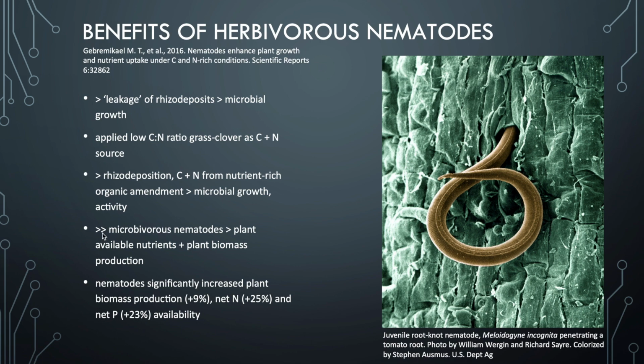This stimulated an increase in microbivorous nematodes, and that, in effect, increased plant available nutrients and plant biomass production. So they concluded that nematodes significantly increase plant biomass production, as well as nitrogen and phosphorus availability to plants.